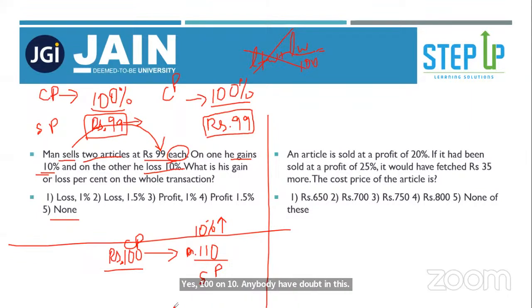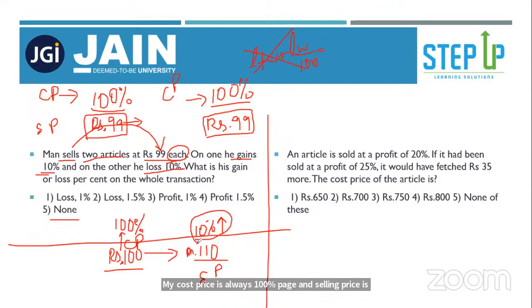Anybody have doubt in this? Okay. Then when I buy, always my cost price is 100 percentage. My cost price is always 100 percentage, and the selling price is based on how much I sell it for, a profit or loss.